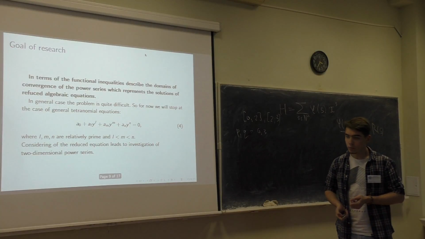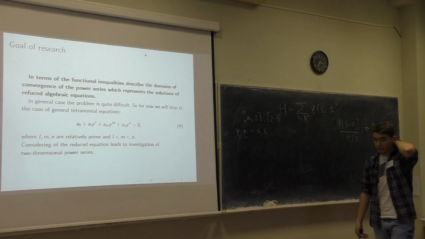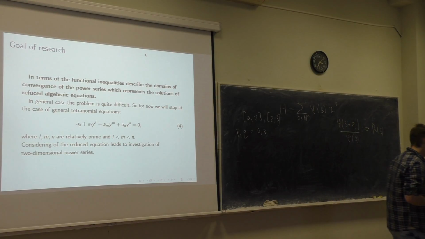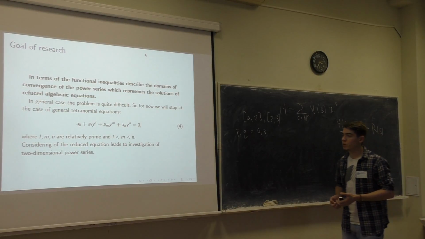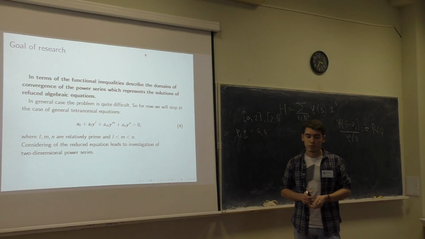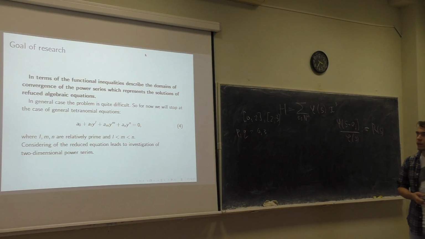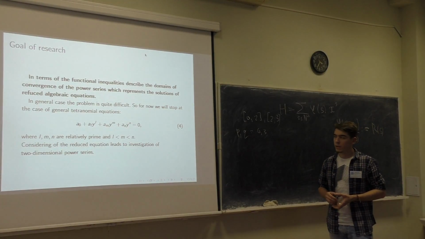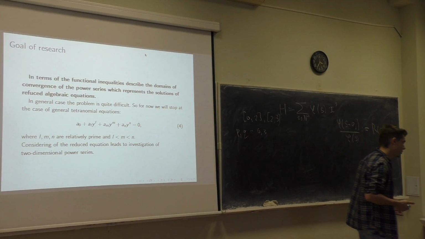And now we have the theorem which gives us a combinatorial description. We have the condition by Horn, and there is the question: can we describe the domain of convergence by functional inequalities in an explicit way?